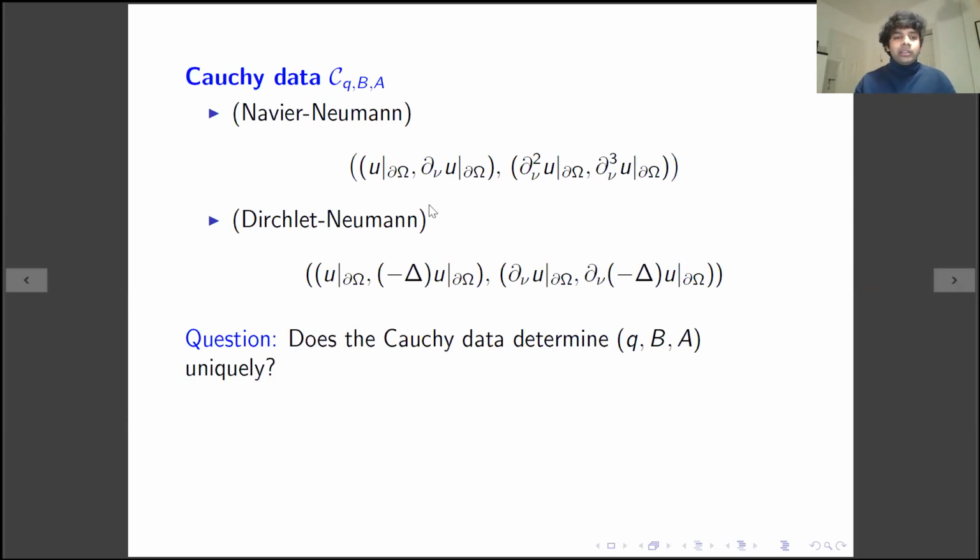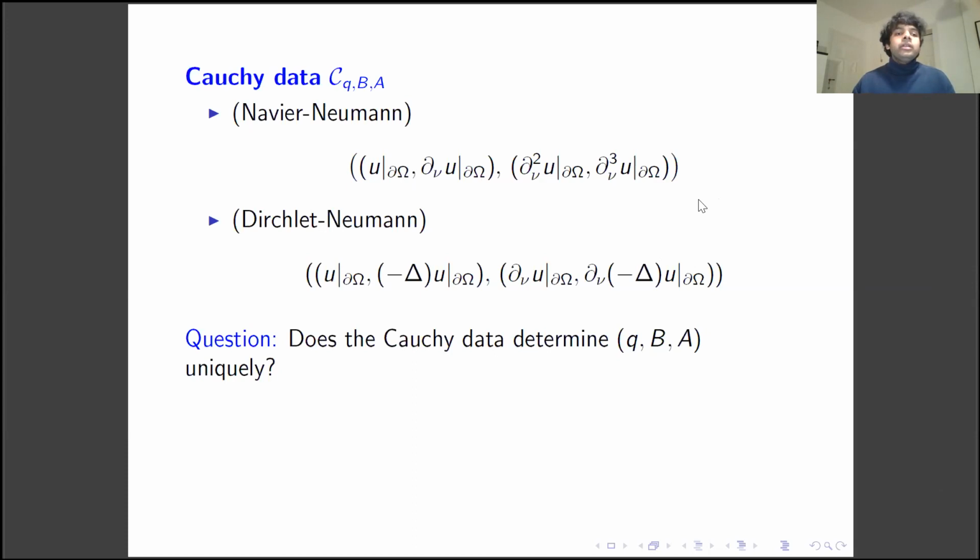So you can see that comparing the two different cases, Navier-Neumann or Dirichlet-Neumann, this ∂_ν u switches its position sometimes. But if we know this data on the boundary, then we can determine this, and also if we know this data, then we can determine that. So either one is okay.